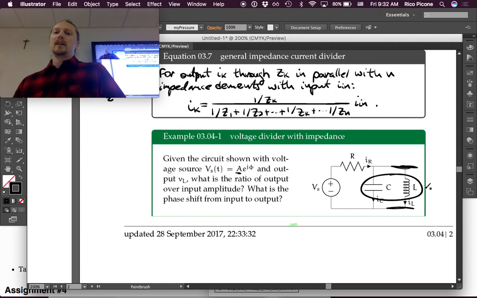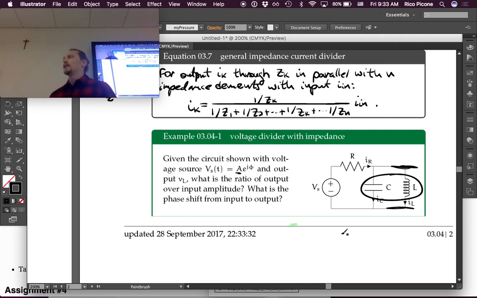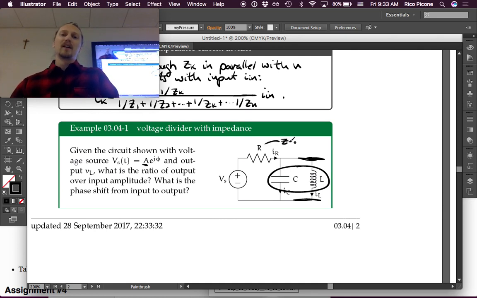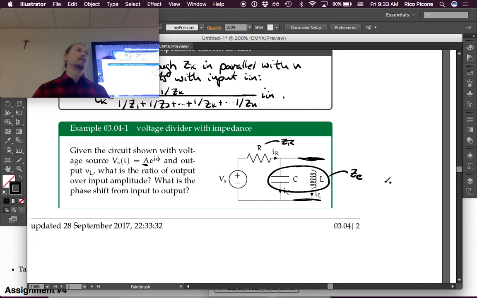So the voltage across this equivalent impedance is still our output voltage. We can actually do this in one line, but I will use two to write it. We'll call this ZR, the impedance of the resistor, and we'll call this ZE, the equivalent impedance of those two.